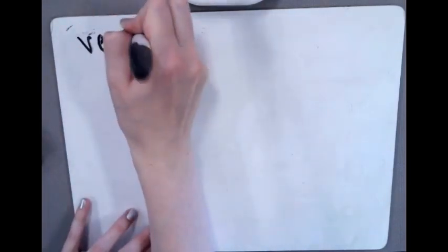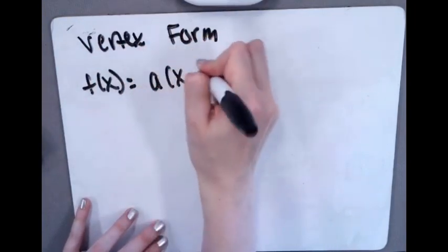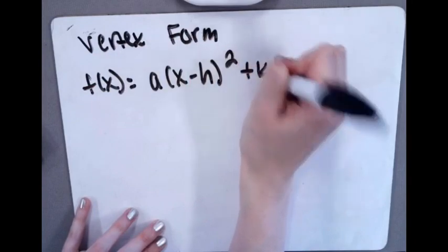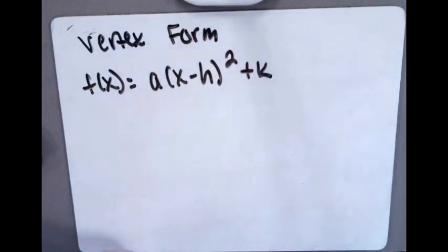The third form that we use to write quadratic functions is called vertex form. a, h, and k would be filled in with numbers in an actual equation for a specific quadratic function.